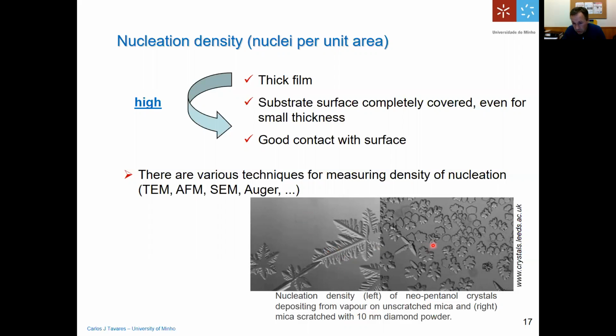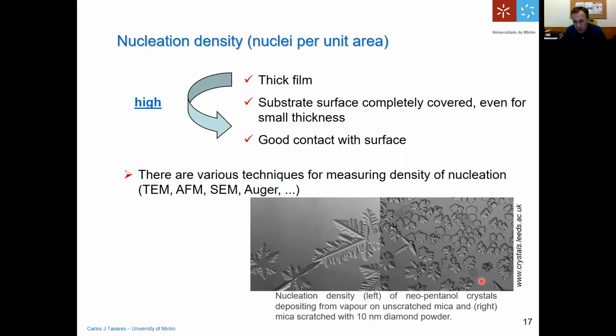So, going back to what I was saying, the basic difference between both images is that on the right side, where you have the smaller crystals and a higher coverage, the mica substrate was previously scratched with 10 nanometer in size diamond powder.